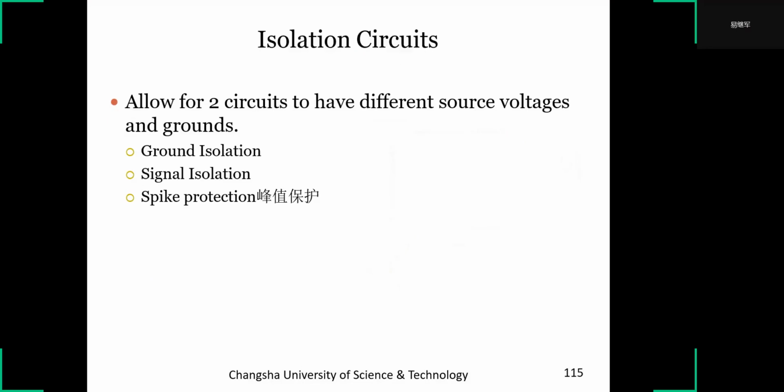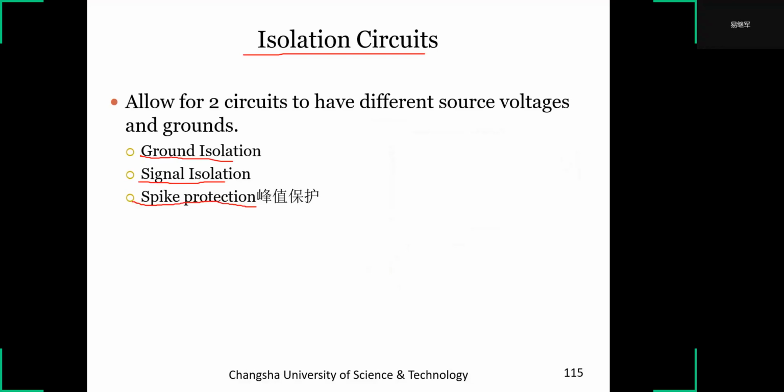Isolation circuit. An isolation circuit allows two circuits to have different source voltage and ground. Isolation circuits include ground isolation, signal isolation, and spike protection.